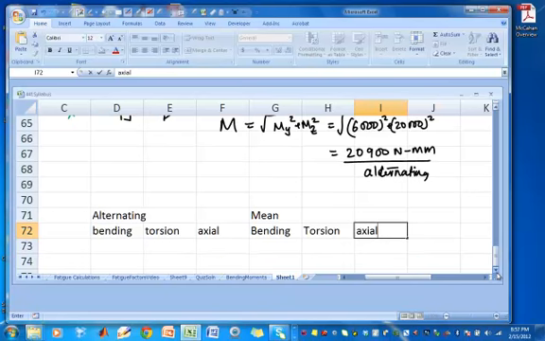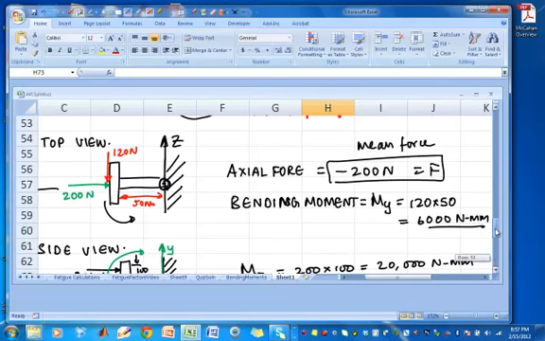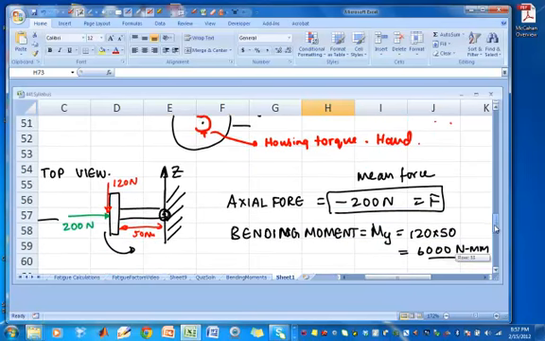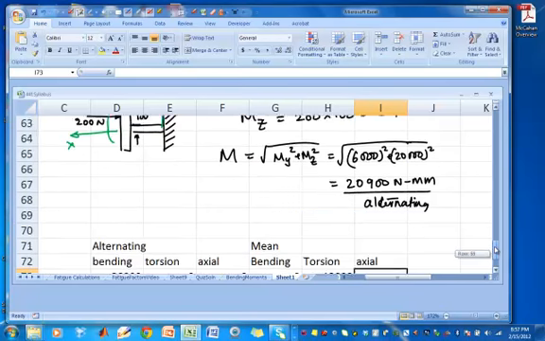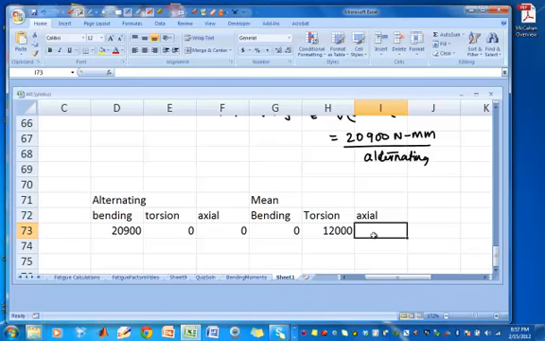So in our case, alternating bending load was 20,900, no alternating torsion, no alternating axial, no mean bending. Mean torsional was how much? Let us see, 12,000. And then mean axial is how much? Minus 200 newtons.